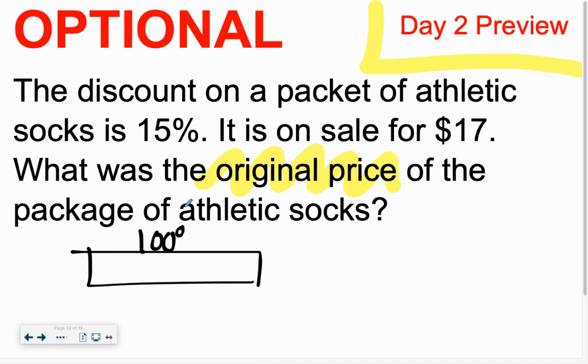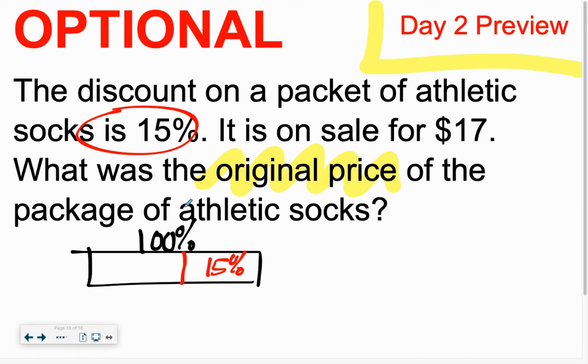Please draw a box, put 100% on top. From there, because we have a discount, we need to take away part of our money or part of the bill. So make a line in the box and take away 15%.